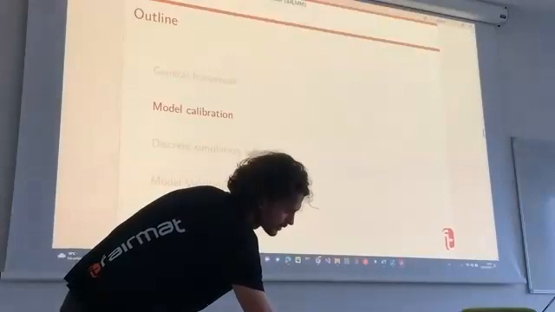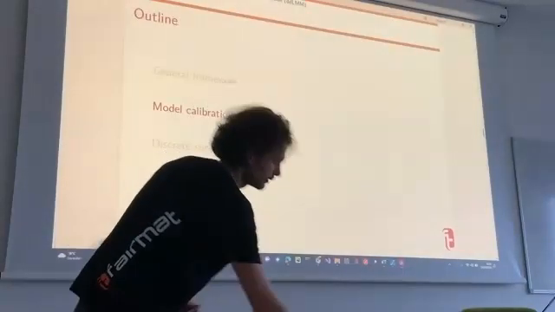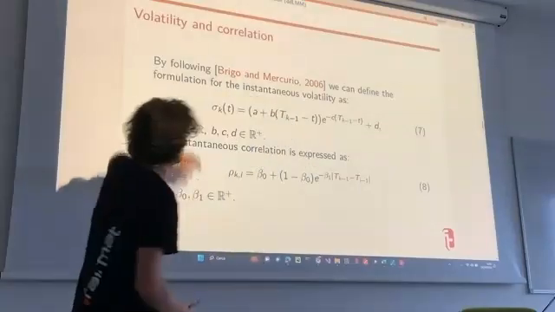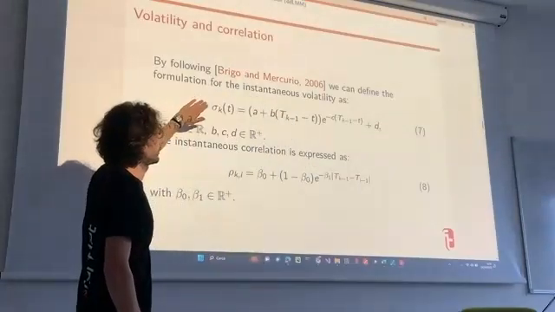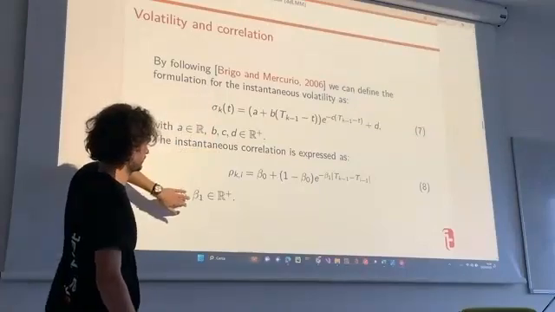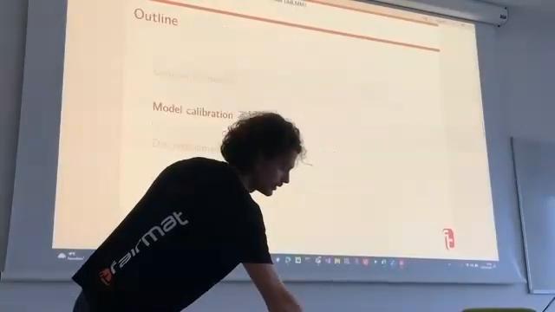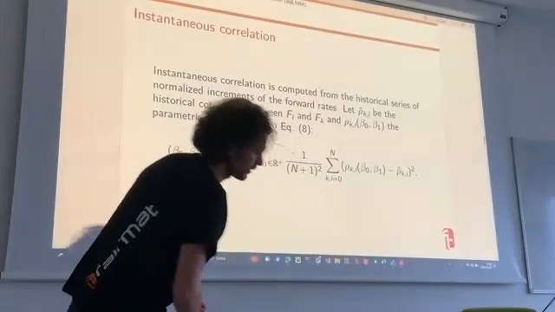Okay, so we can pass to the model calibration. The main part is to get the parameters A, B, C, and D, beta 0, beta 1, and alpha. This is what you need.